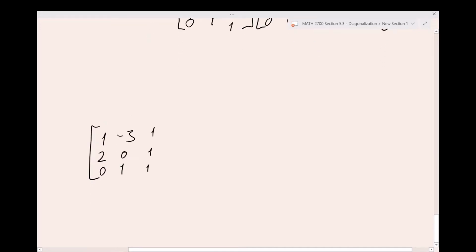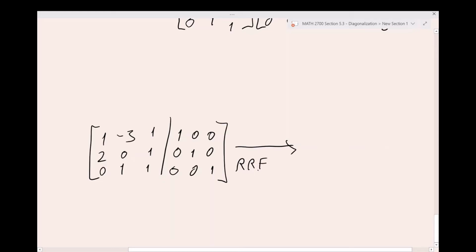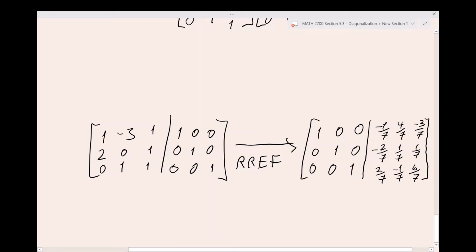Remember, if I want to compute an inverse, the way we did that most was attach an identity matrix to it, and then perform a row reduction all the way to the end so that we get the identity matrix on the left side. And what we end up getting is this.